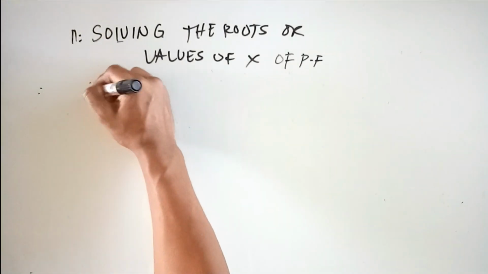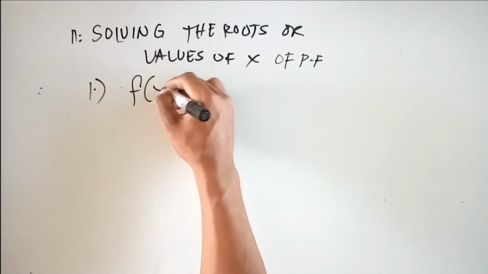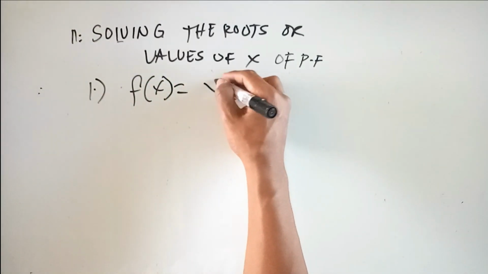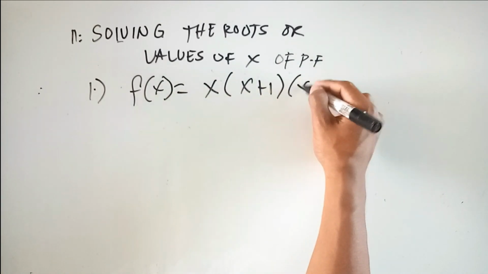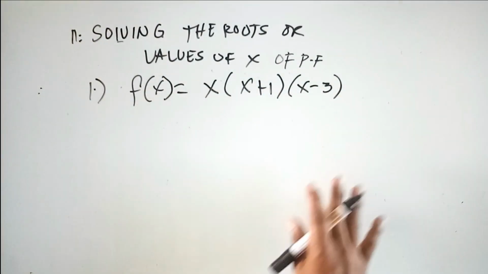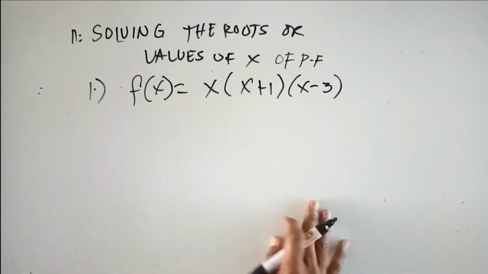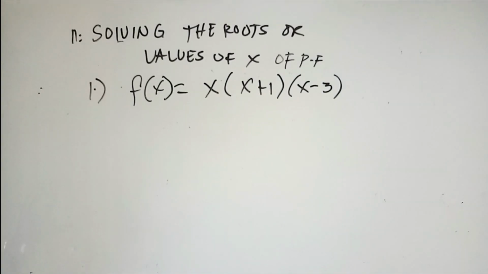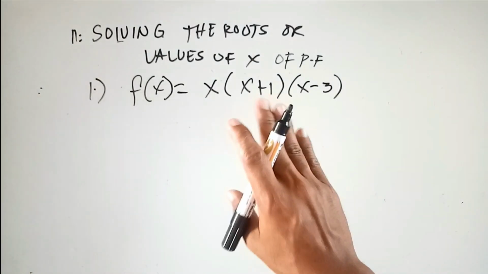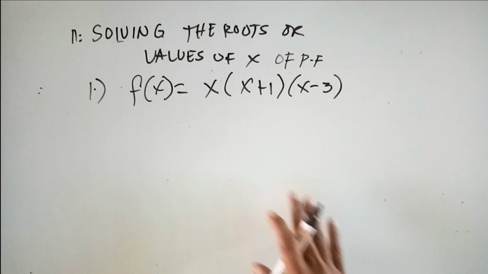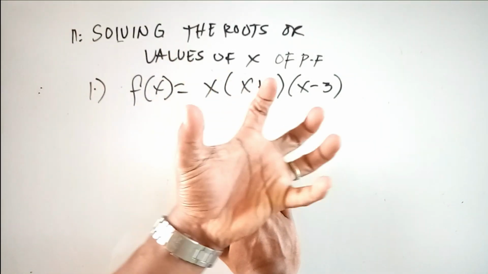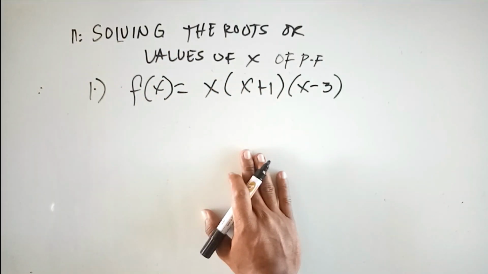So for example number 1, if you have a polynomial function f(x) equals (x + 1)(x - 3), that is already in a factored form. We don't need to expand that one, because I'm giving you examples of polynomial functions in factored form so that you can easily graph it in the Cartesian plane in the next video.